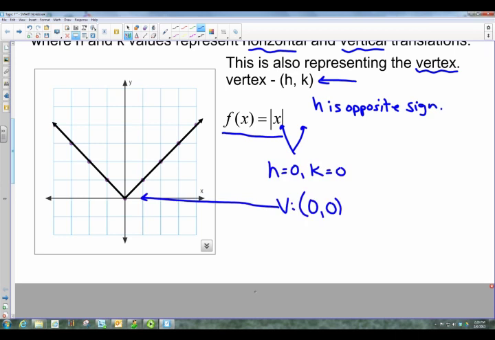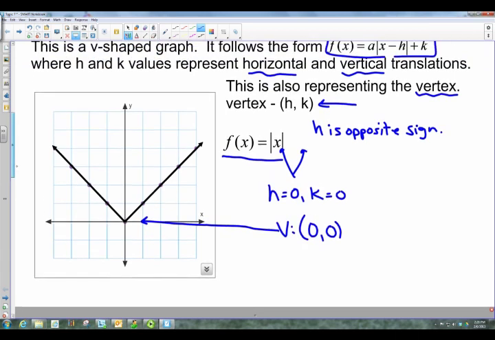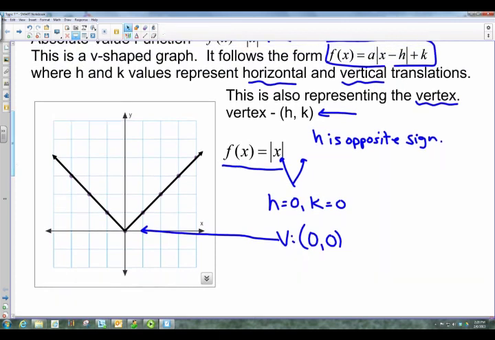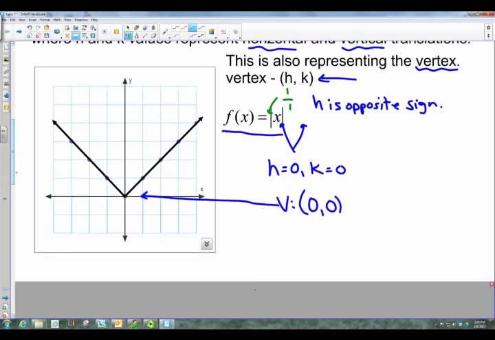Now, when we did linear functions, we talked about slope. And back up in this equation, we've got this a value. Okay, so you see the a right here circled in green. The a value is just like your slope. It's your rise and your run. And right here, the number in that case is 1 over 1. So from my graph, here's my vertex. Okay, I'm back on the graph.